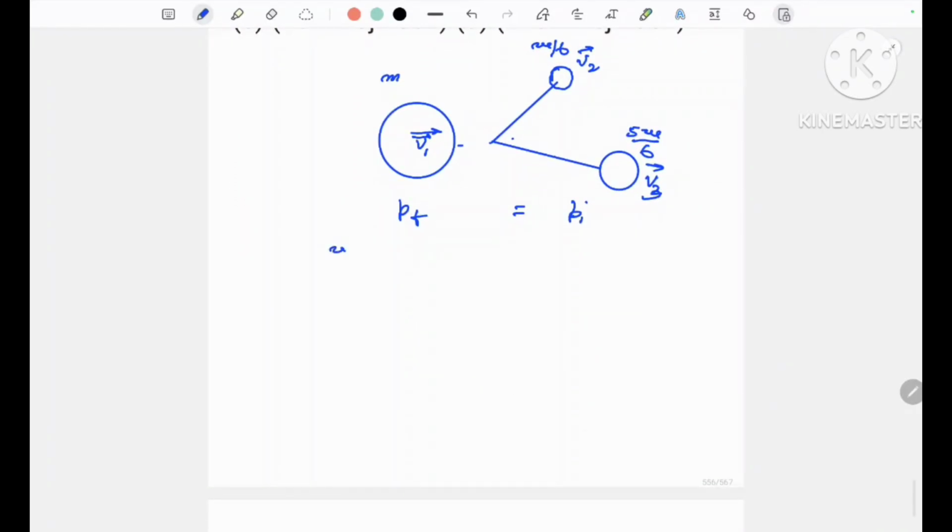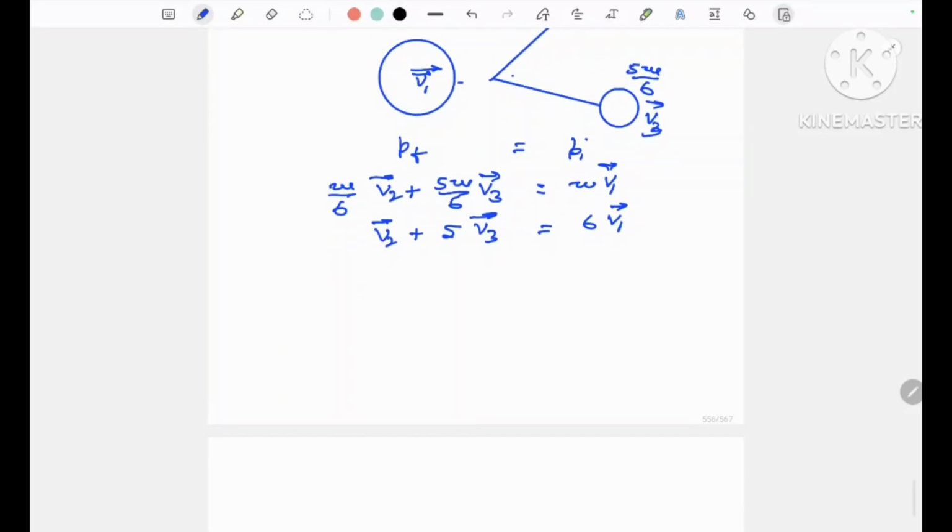Final momentum is m/6 v2 plus 5m/6 v3, that will be equal to m v1, or v2 plus 5 v3 will be equal to 6 v1. So 5 v3 is equal to 6 v1 minus v2.